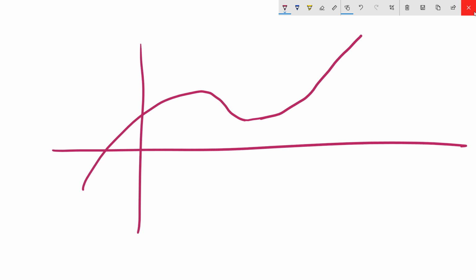The mathematical explanation has to do with limits from the left, the right, and the value at that particular point. But an easier way to think about it is whether I had to pick my pencil up to draw this graph.